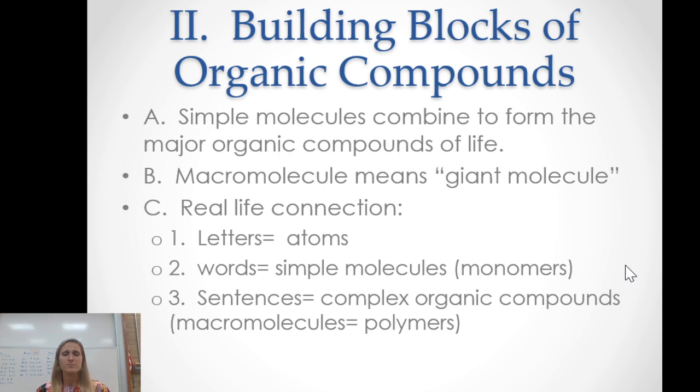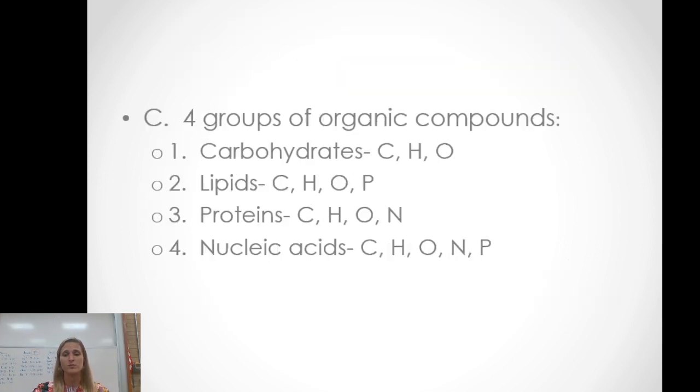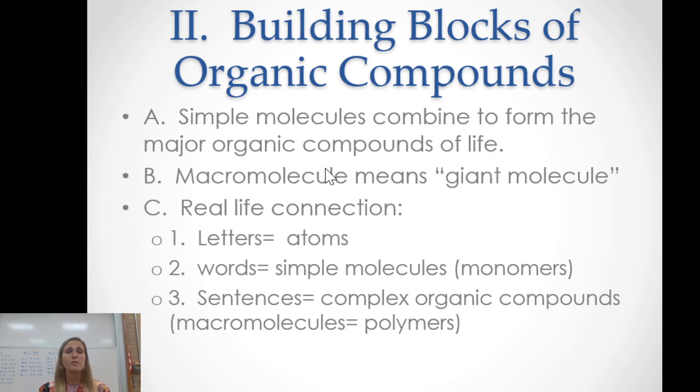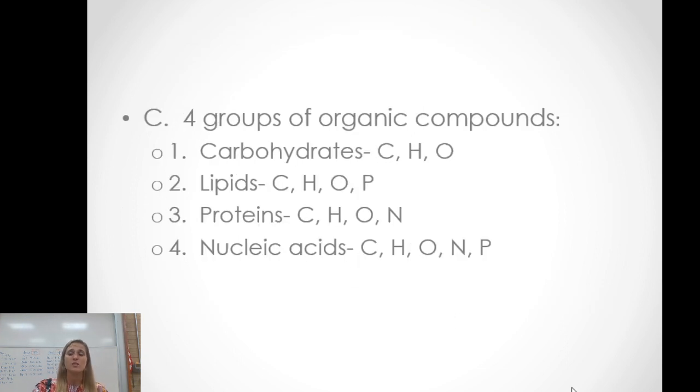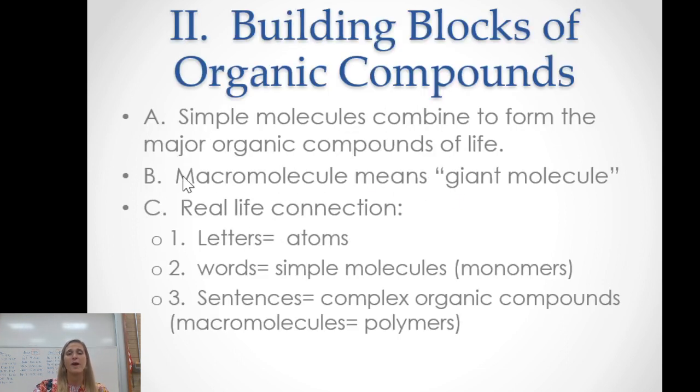All right, so the things that make up these organic compounds, carbs, lipids, proteins, nucleic acids, okay, they're made up of little tiny pieces. And so simple molecules combine to form the big molecules. So a macromolecule means a giant molecule. So these 4 things, again, carbs, lipids, proteins, nucleic acids, are considered macromolecules or giant molecules, okay?